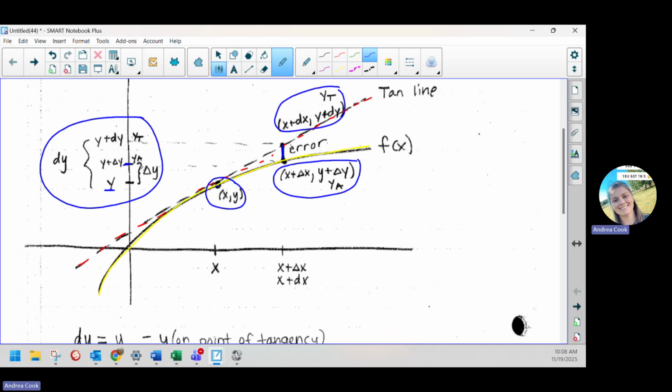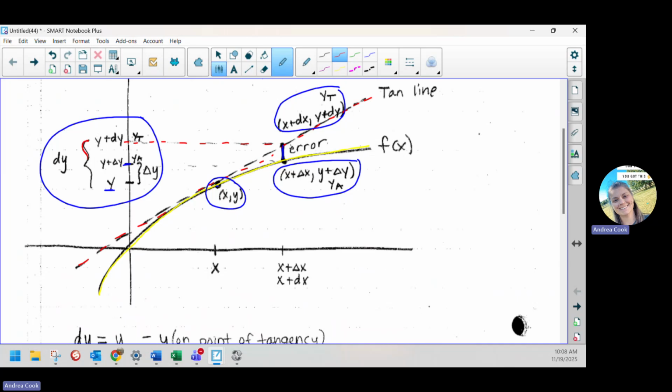So that is your change in y. That is the actual y value on the graph. Where if I go up to the tangent line, the red line, and I come over, so maybe I should use red here, that is the y value on the tangent line.